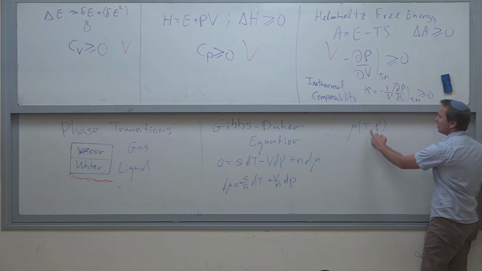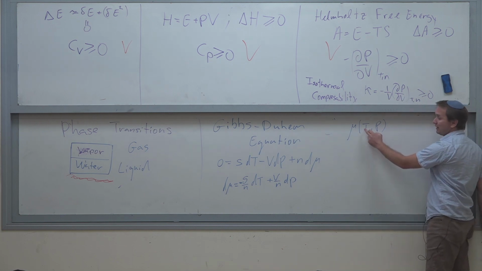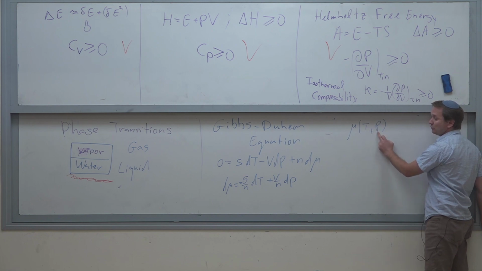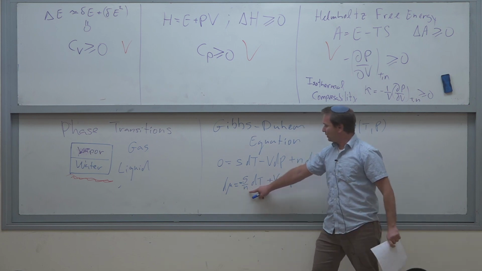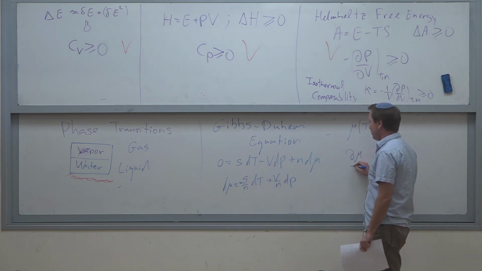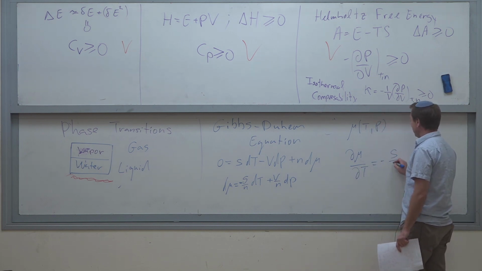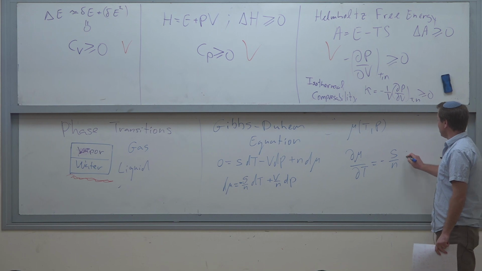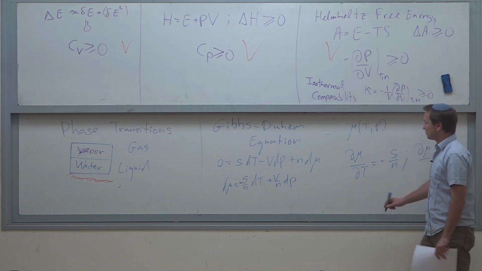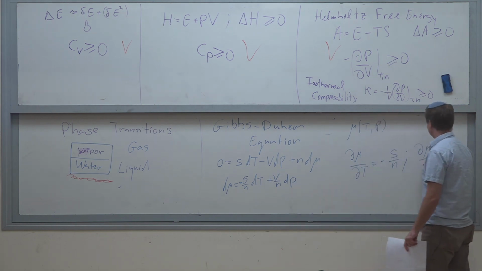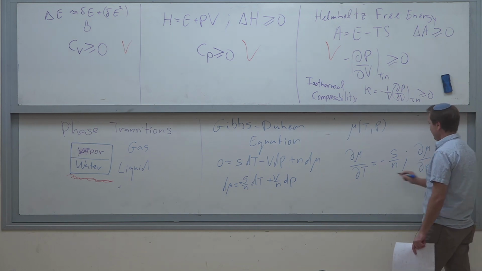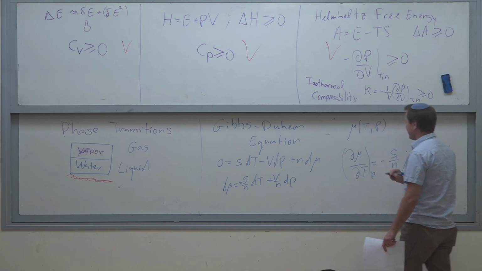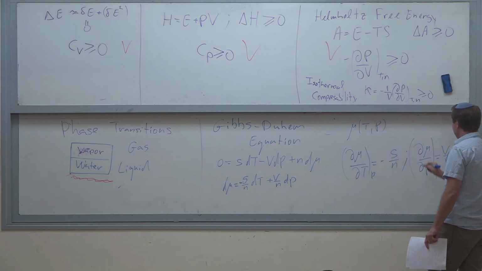But the chemical potentials are defined and dictated by the values of T and P. Moreover, the derivative of mu with respect to temperature is minus S divided by N, and the derivative of the chemical potential with respect to pressure, d mu dP, equals V divided by N. Here I'm keeping pressure constant, and here I'm keeping temperature constant.